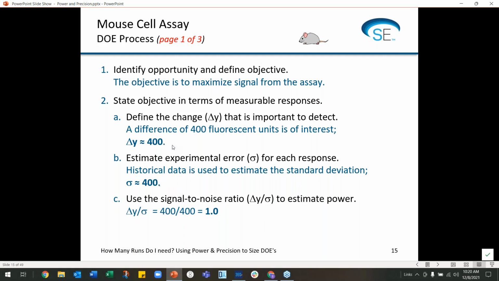So if you don't know the exact numbers, you can just put in a 1-to-1 ratio or a 2-to-1 ratio or something that you think is representative of the system. The default of Design Expert is a 2-to-1 signal-to-noise ratio, as we found that's a pretty reasonable estimate.